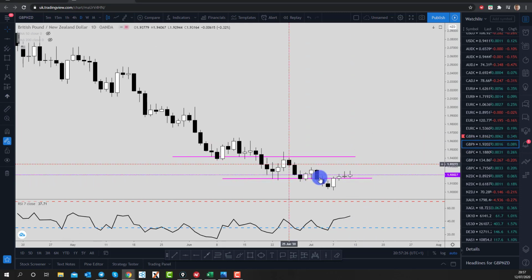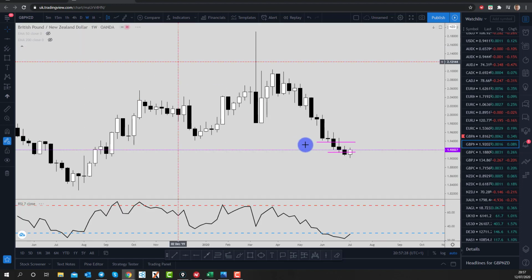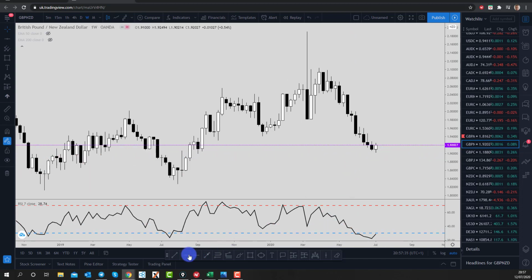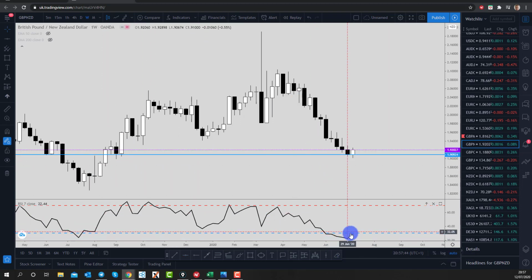Pound Kiwi hasn't moved that much just yet. Again, very much like pound Aussie, we've had a nice weekly bullish close. If I look left and just place a support line at the lows there, we can see that there was support here, here and here. We are again in that oversold condition, so we could see some upside to pound Kiwi this week.